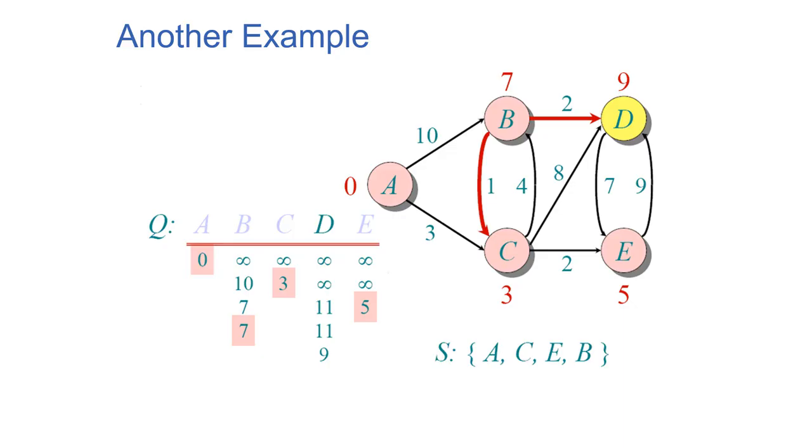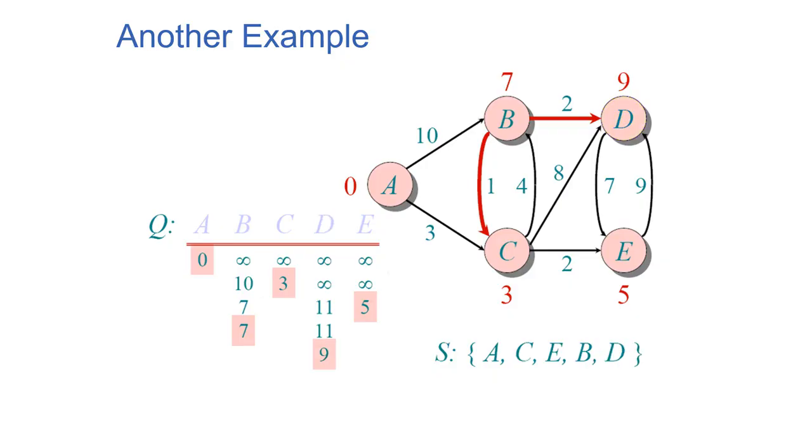We updated the distance from 11 to 9, and that is the last node that we want to add, the only node remaining. 9 is the shortest distance that we can take from A to D. 5 is the shortest distance from A to E, and so on.